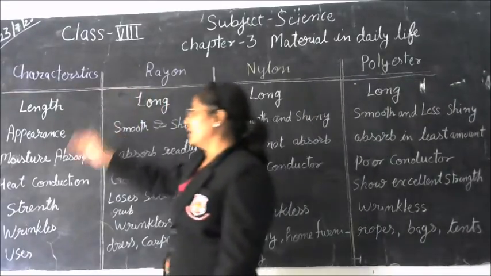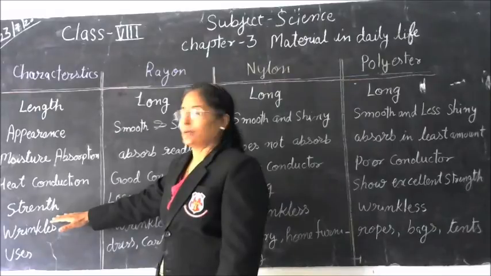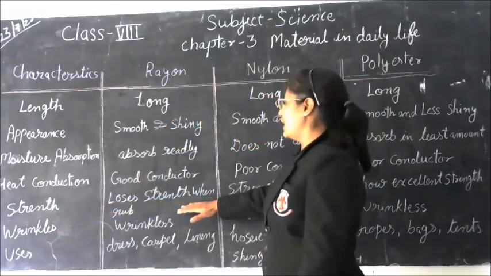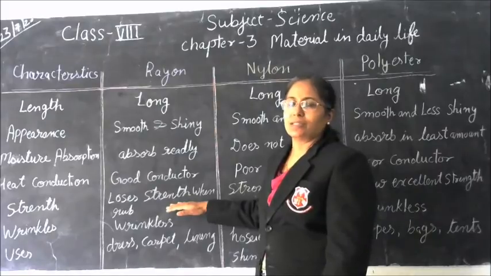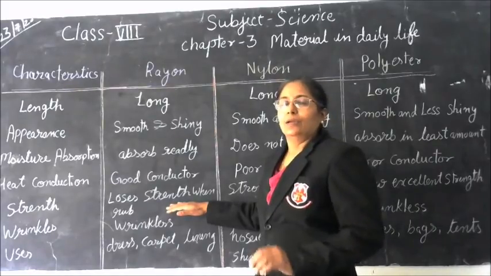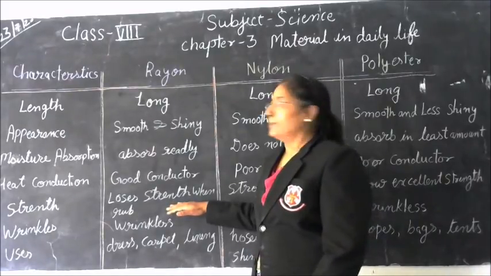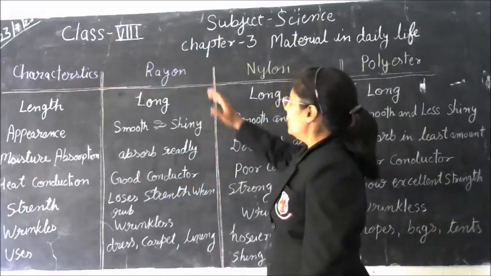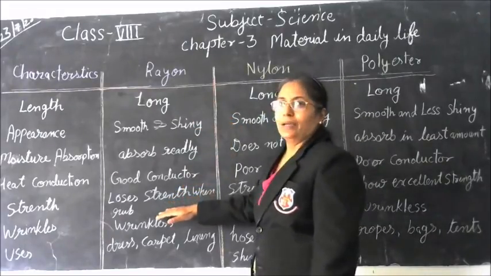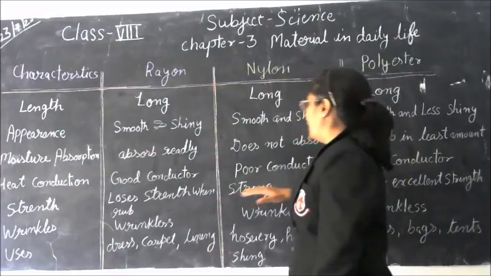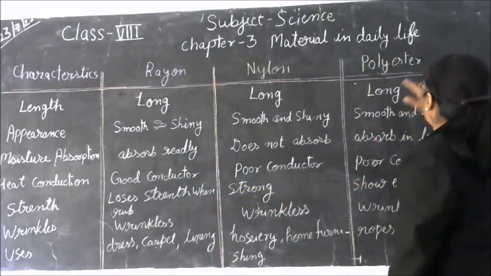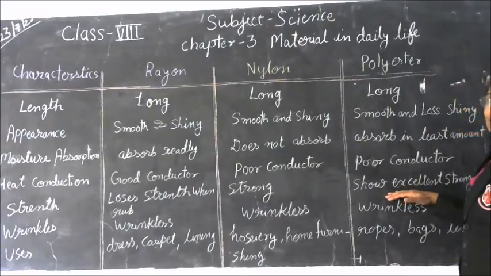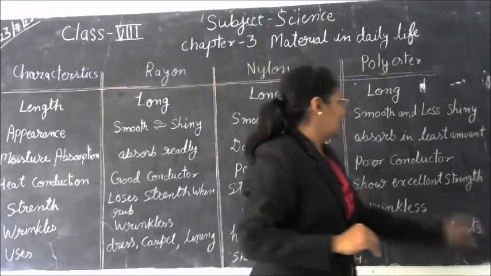Now let us see the strength of the fiber. Rayons lose strength when we rub. So it is a little flexible but not a very good fiber in strength. Nylons are strong and polyester are very strong and showing excellent strength.